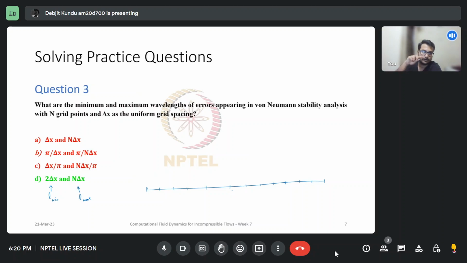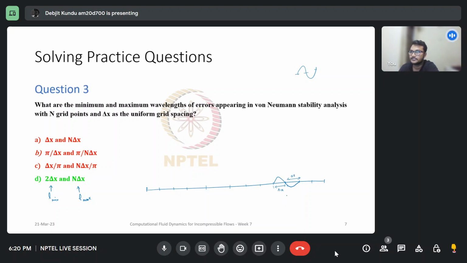In order to have one wave like this, we need at least 3 points, and basically there would be two spacings in between those points. So the minimum one would go something like this. Right? So this is the shortest wavelength possible, and this is delta x. This is also delta x.